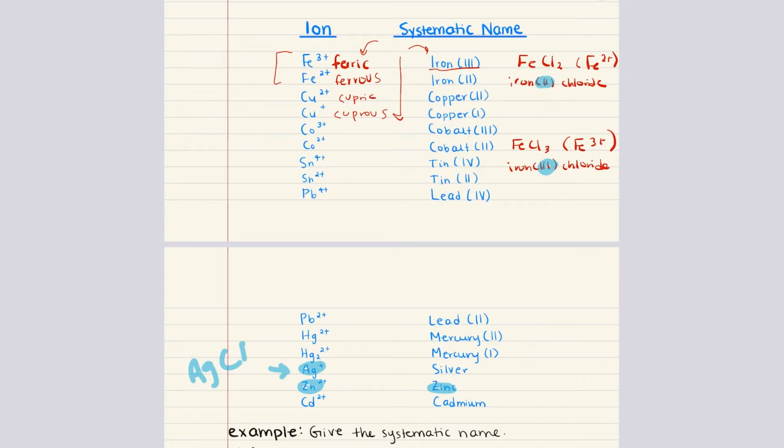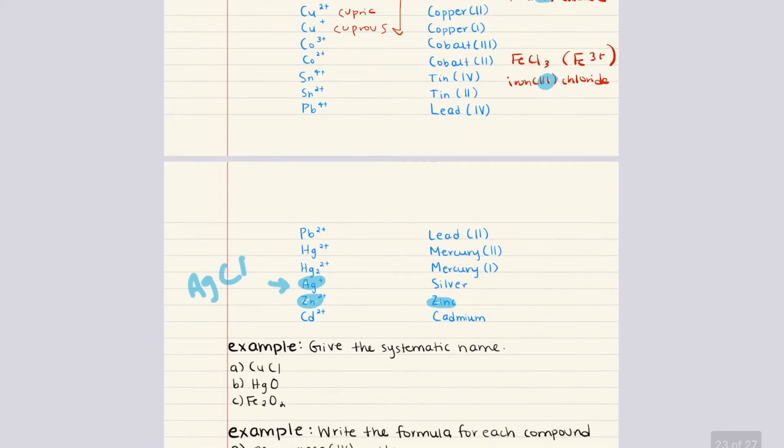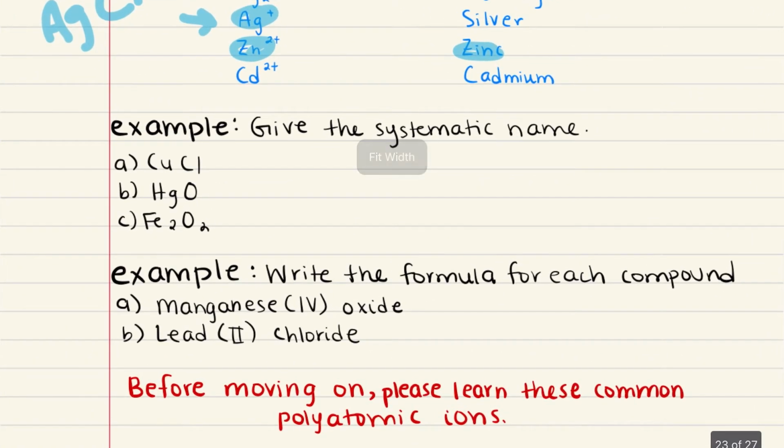practice problems. This first one wants us to give the systematic name. Okay, what do we have here for A? CuCl. When we have these kinds of type 2 compounds, the best place to start if we're trying to figure out the systematic name is looking at the anion first. Our anion is chloride. It has a -1 charge.